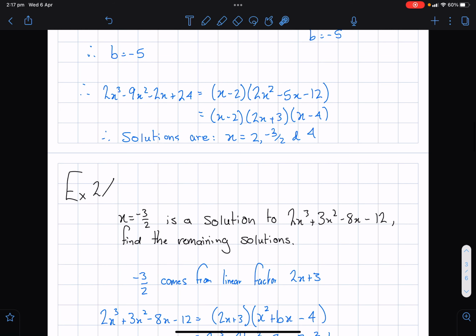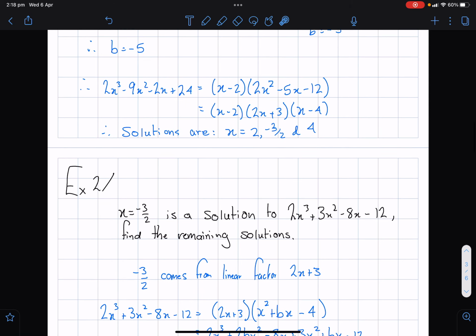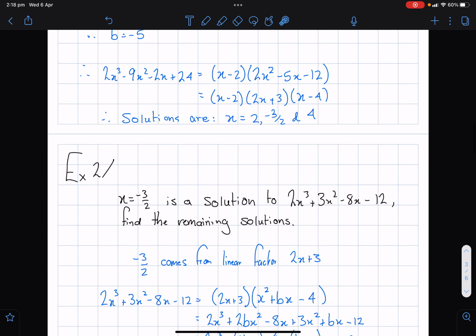So it's exactly the same process as before, writing out the polynomial and writing out our linear factor. Using that same trick as before, 2x cubed divided by 2x gives us x squared, so we've got our a coefficient of 1. Then negative 12 divided by 3 is negative 4, so we've got our constant term as well. Again, we would only have to find b now.